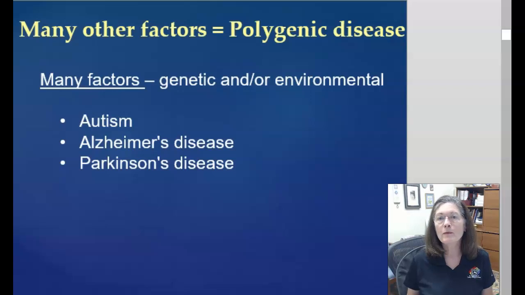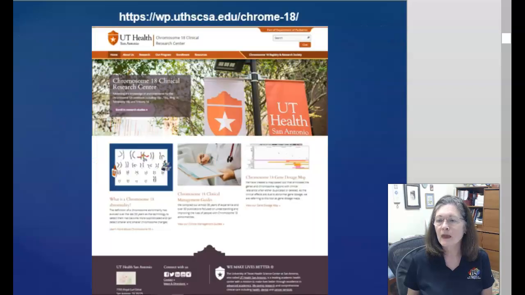And for people who have been diagnosed with autism and have a deletion of that gene, as more is learned about the cause of autism, just as one example, we might eventually look for the deletions or mutations in those other genes to understand exactly which type of autism they have. So it's important really for the future, not so much for everyday life for most of us who are concerned about chromosome 18 abnormalities. And the way you get to that information is just like the other gene dosage map.